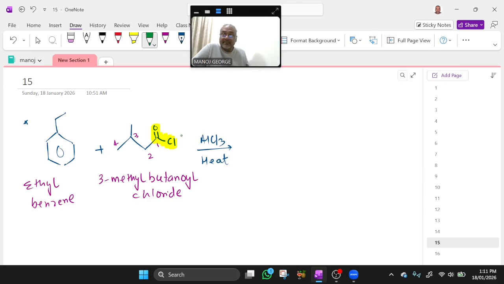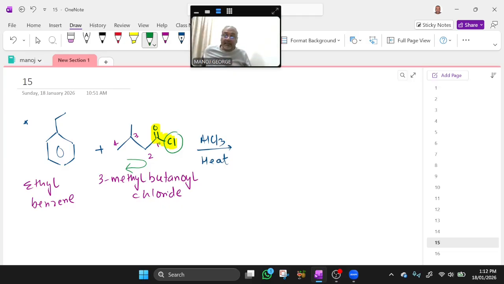So what you must understand is that the Cl will be kicked out, right? And then you also have to keep in mind that you have to swap this around. When you connect it on the ring, you literally have to flip it from here.